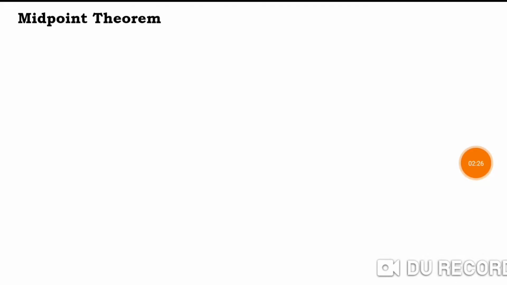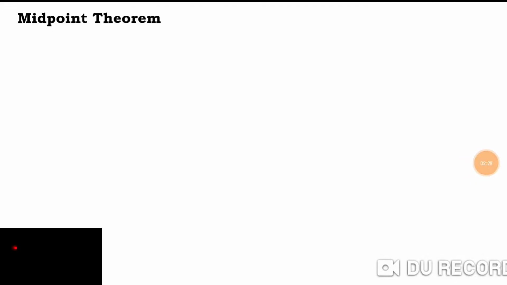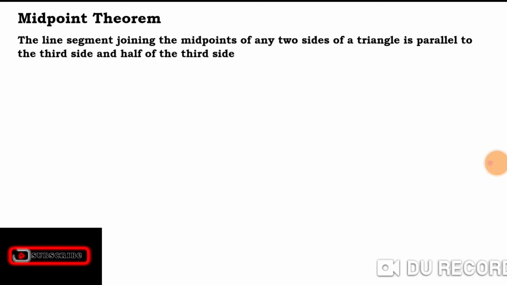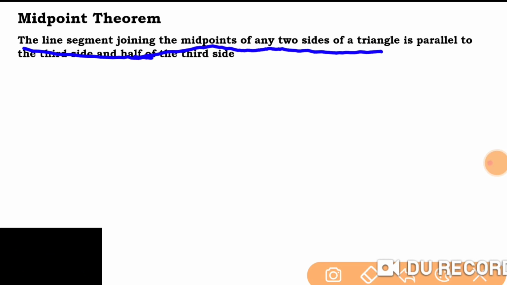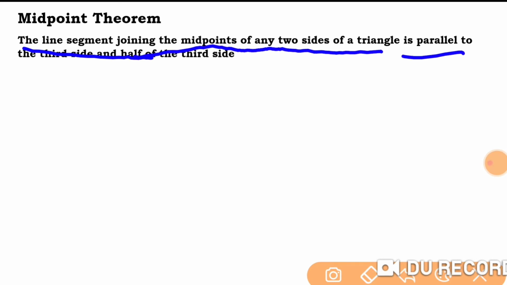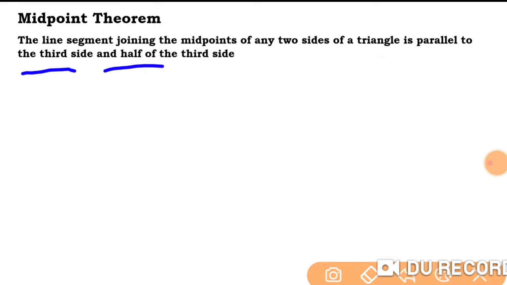Now let us go to the theorem. Here we see the statement of the midpoint theorem: the line segment joining the midpoints of any two sides of a triangle is parallel to the third side and half of the third side, as we have already discussed.